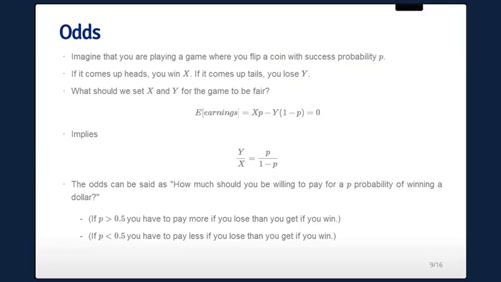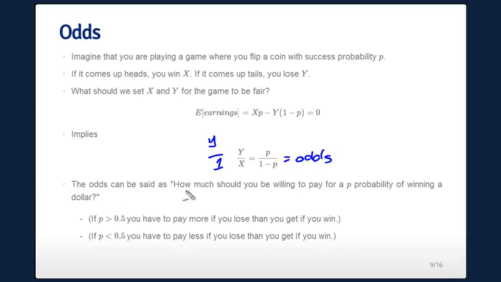Imagine if we arbitrarily set X to 1, so $1. Notice the right-hand side here is the odds. So Y over 1 equals the odds, or in other words, if X equals 1, Y equals the odds.